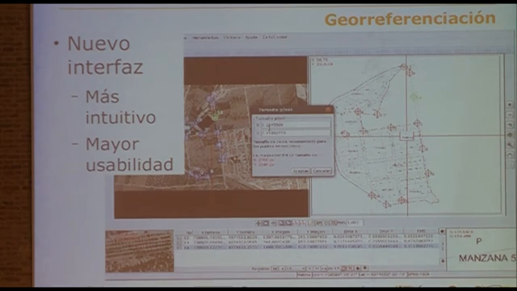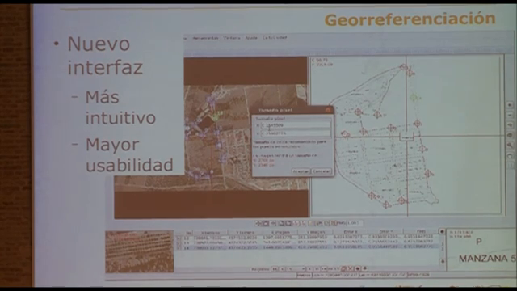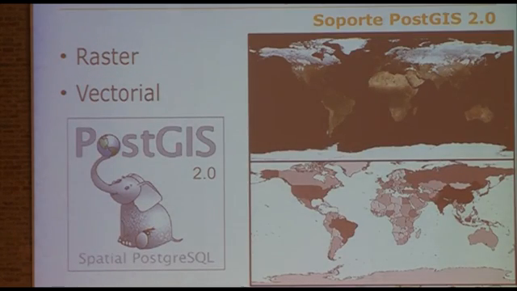This is possibly one of the functionalities which you may have missed the most, the possibility of georeferencing images. The new interface is a lot more intuitive. It is better integrated into a single window.